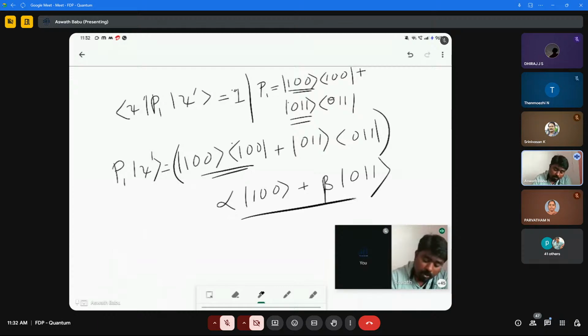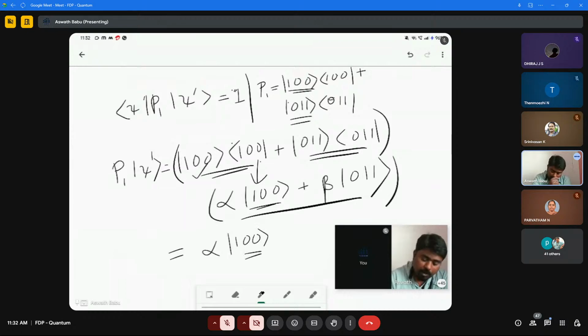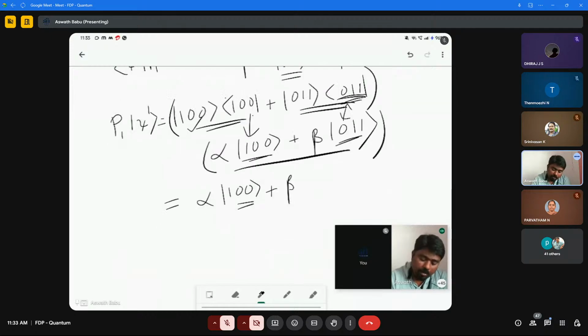For the first term, the inner product of 100 with 100 is 1, so I get alpha times 100. Now the inner product of 011 with 011 is 1, so the other term is beta times 011. Now P1 acting on psi prime gives this quantity.